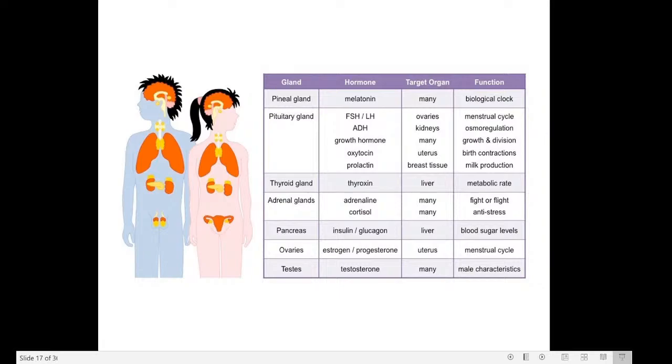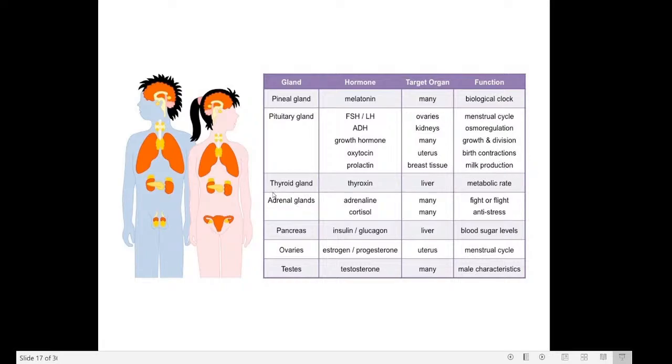In this, the glands are each playing a major role. The pituitary gland is involved in many very important things from the question point of view. It is involved in the menstrual cycle, osmoregulation, growth and division, birth contractions and milk production.